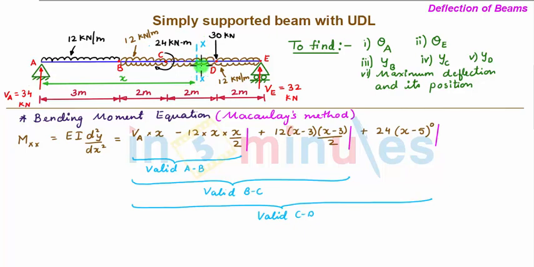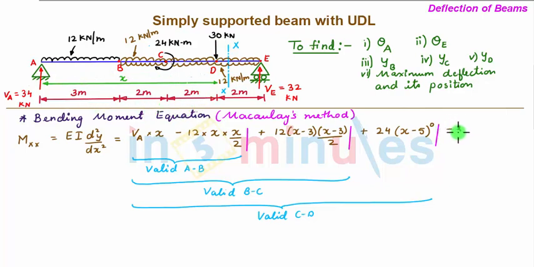Now let's move our section XX towards right beyond point D such that section XX is between point D and E and at a distance x from origin A. Now writing the bending moment about section XX, we see that to this equation there is an additional moment caused due to this downward force of 30 kN acting at a distance of x minus 7 meters.